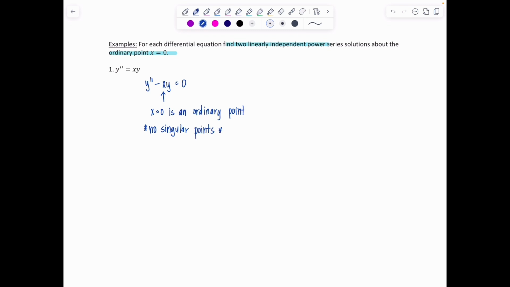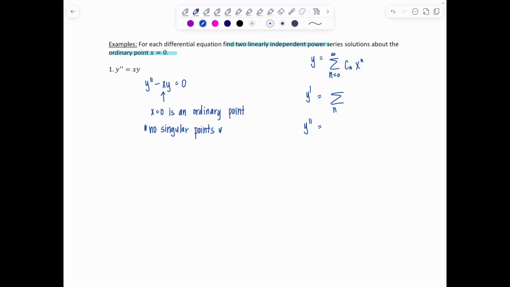Okay, so remember, we start off, we assume a power series solution exists of the form y equals the sum n equals 0 to infinity c sub n x to the n. These are all going to be second order, so you're always going to need first derivative and second derivative. You might end up memorizing them, or you might want to just jot them down somewhere and keep referring to them.